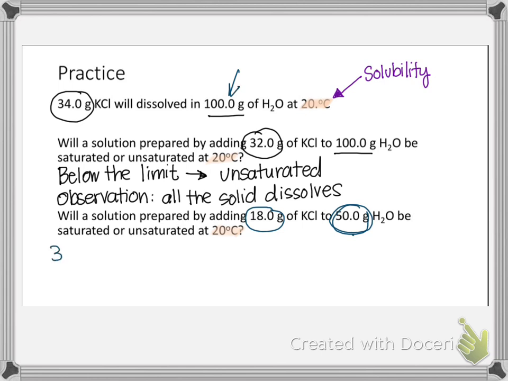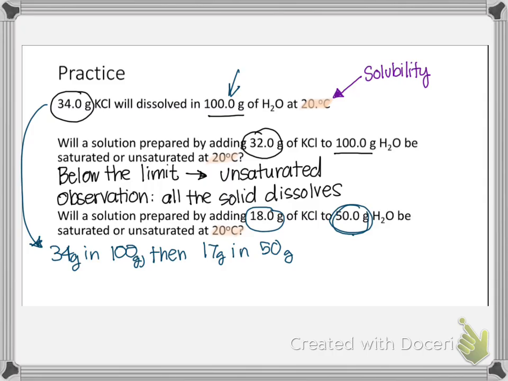So if 34 will go into 100, then only 17 will be in 50, right? If we cut the water in half and they don't give us any more information at the same temperature, it will dissolve only half.